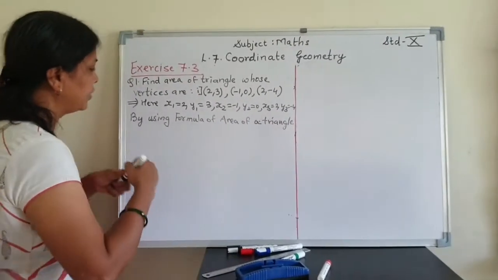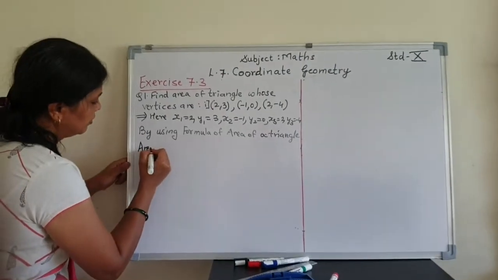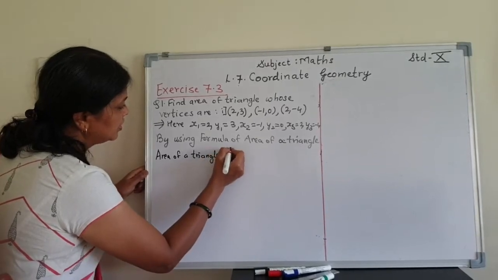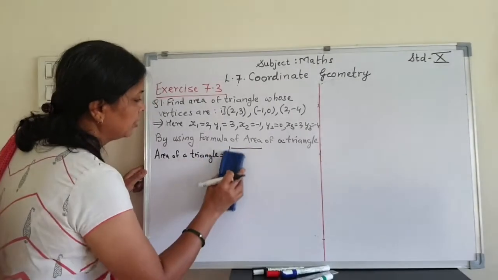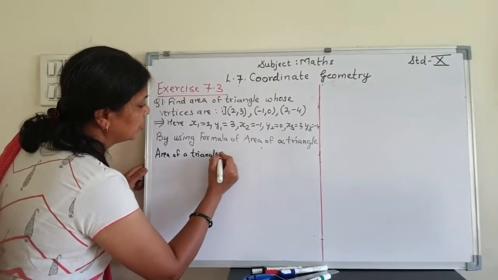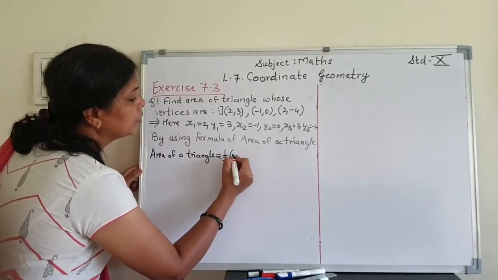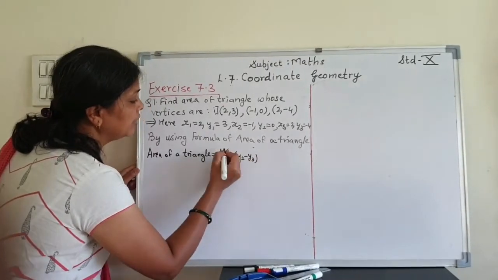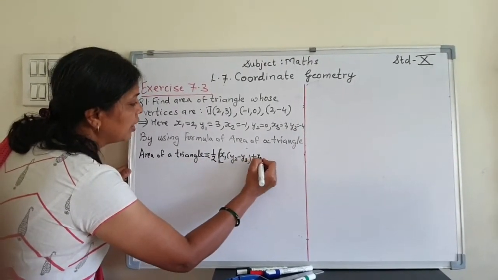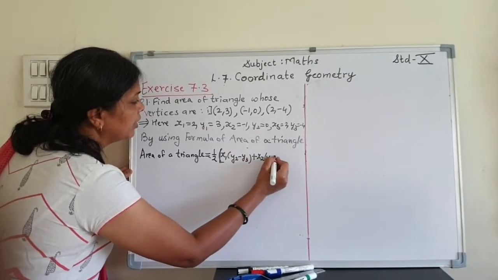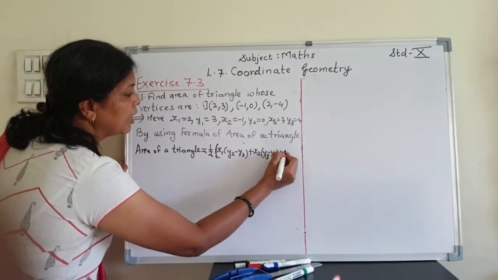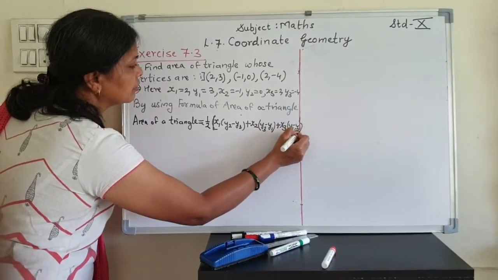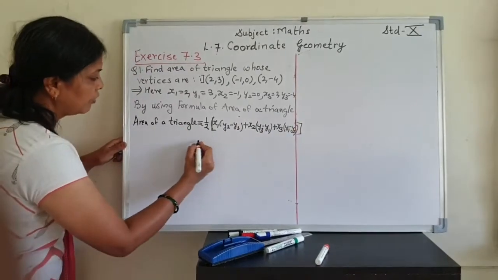So that is area of a triangle is equal to, sorry, it's not square root, half of x1 in bracket y2 minus y3 plus x2 in bracket y3 minus y1 plus x3 in bracket y1 minus y2. So this is the area formula.